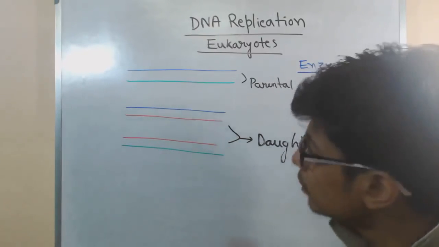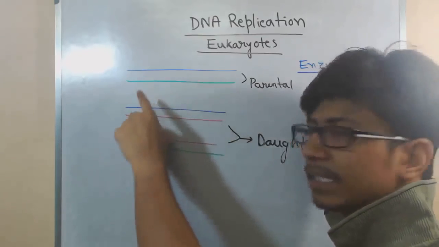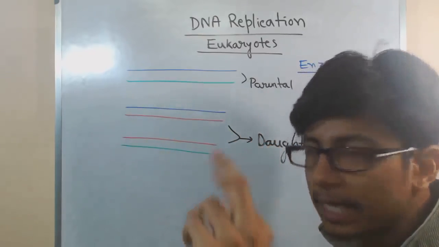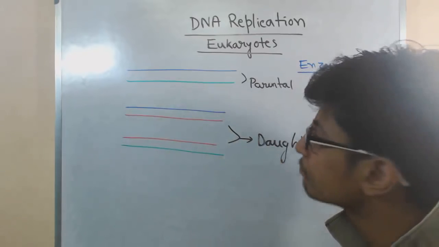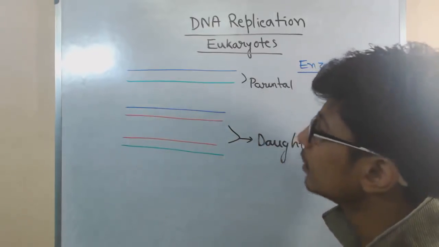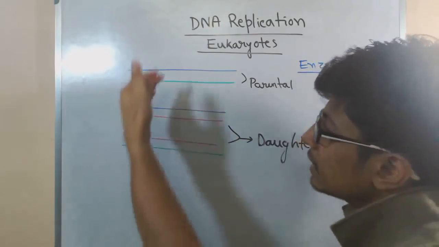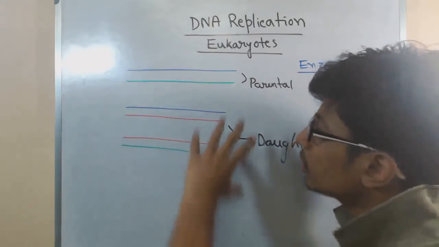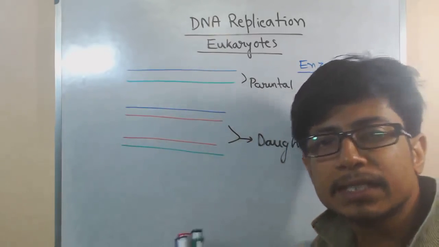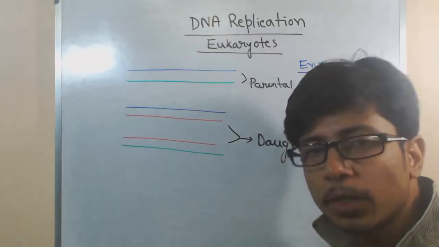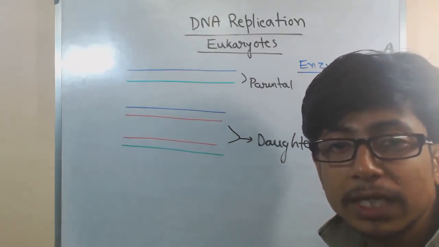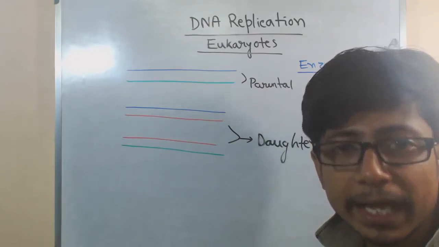And usually the DNA never stays like this, it is helical and coiled. For that reason, we need to unwind the DNA, then separate the strands.